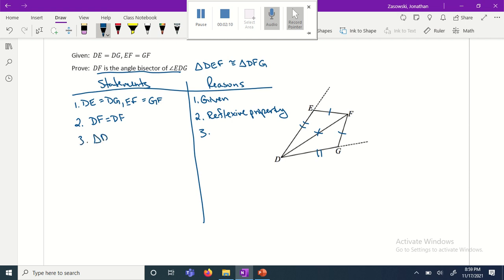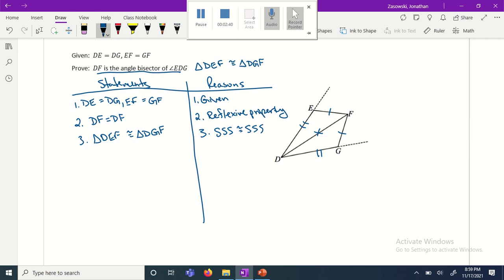So triangle DEF is congruent to triangle DGF. Careful with that. Remember we talked about that yesterday, making sure that we use the correct order so the corresponding points are in the same position. And this would be side, side, side.